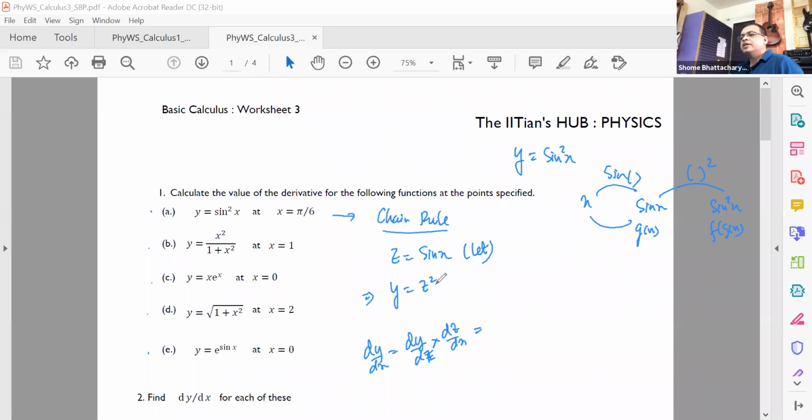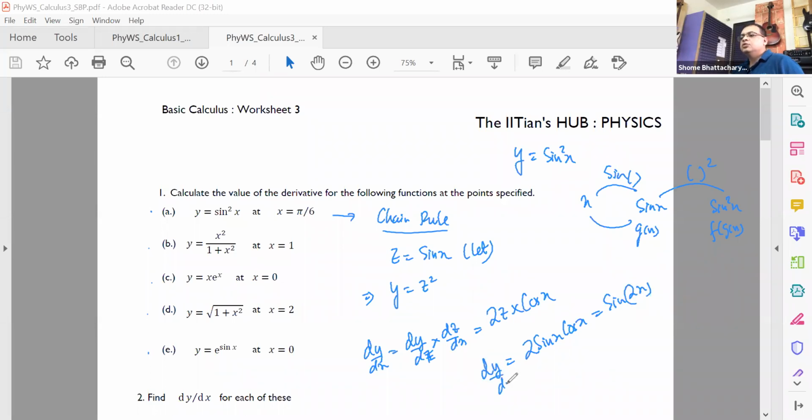So y is equal to z square, so dy by dz is 2z, and z is sine x, so its derivative is cos x. So resubstitute z as sine x. You get dy by dx as 2 sine x cos x, which by the way can also be written as sine 2x. But it's not necessary. You can just leave it as 2 sine x cos x also.